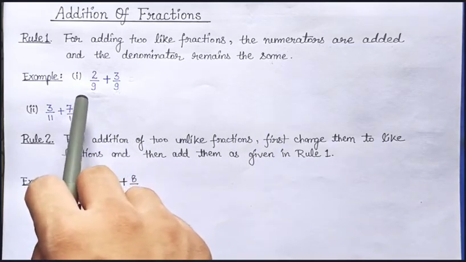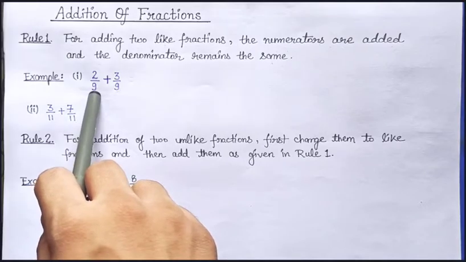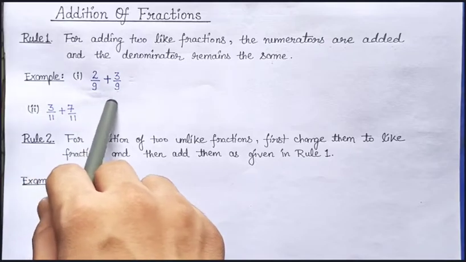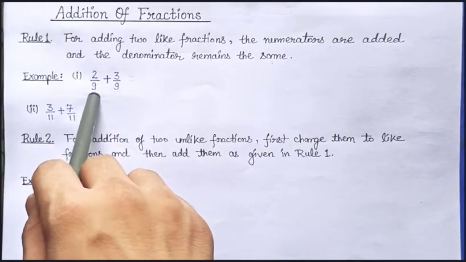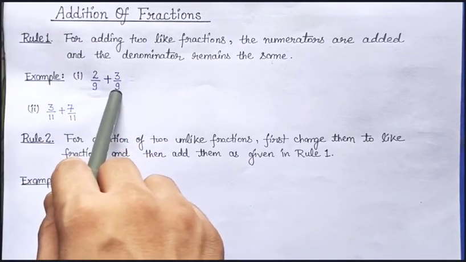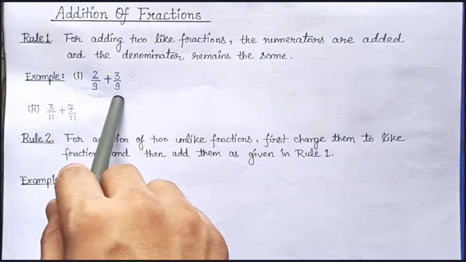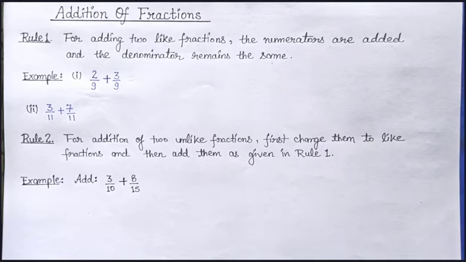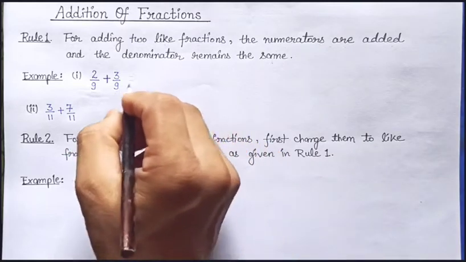For example, we have to add two fractions, 2 divided by 9 and 3 divided by 9. Here you can see that in both fractions the denominator is the same, that is 9. That is, these two fractions are like fractions. So how do we proceed? We just add their numerators.